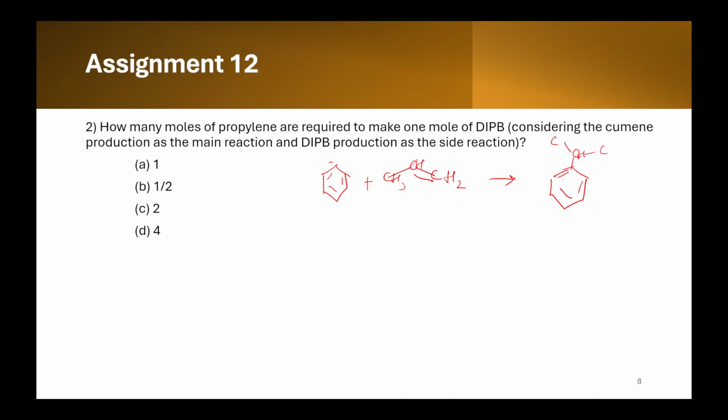So already 3 bonds to CH, CH3, and CH. So this is isopropyl benzene or cumene. This is the main reaction. What is the side reaction?